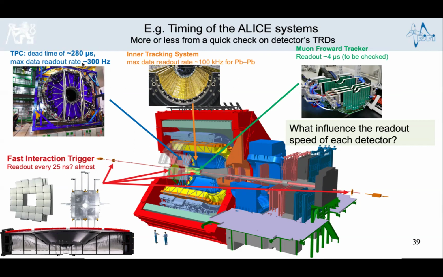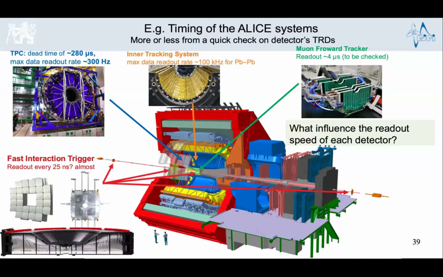So the maximum readout rate will be 300 hertz, in pp or lead-lead collisions. Also, for example, the ITS, or inner tracking system, which is a pixel detector in the most central part of ALICE, has a maximum readout rate in lead-lead of 100 kilohertz.